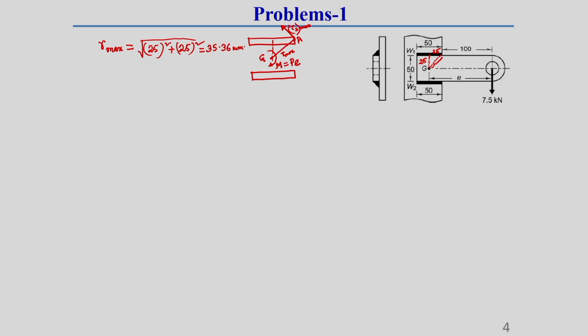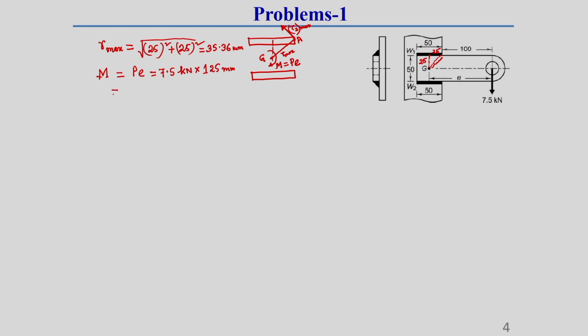millimeter. So, we know what is M, M also I have calculated, that is equal to your P into E. So, P is 7.5 kilonewton, it is given, into here E is 125 millimeter, which I have already shown.